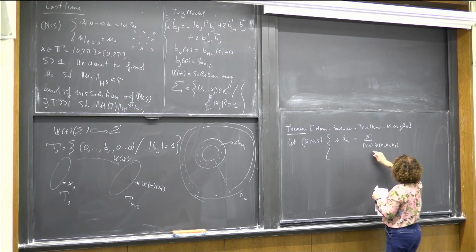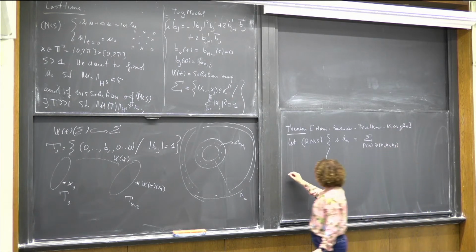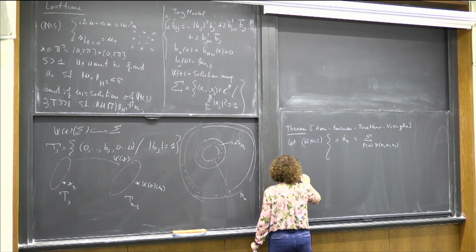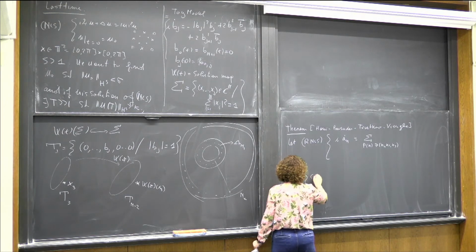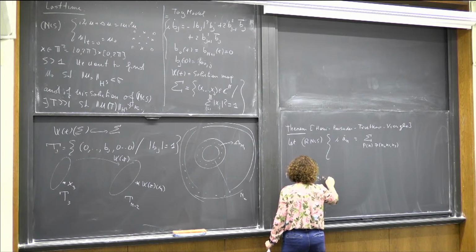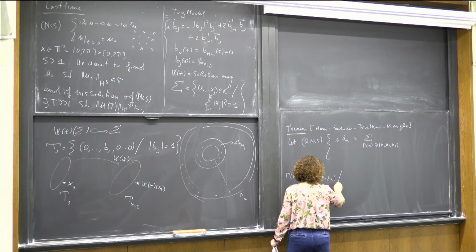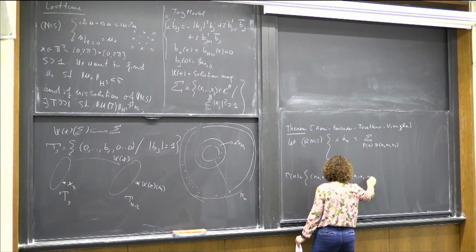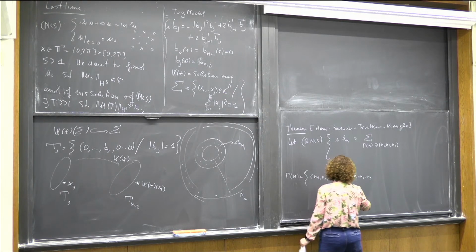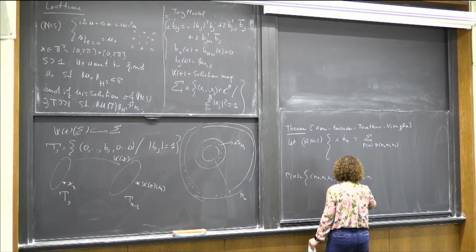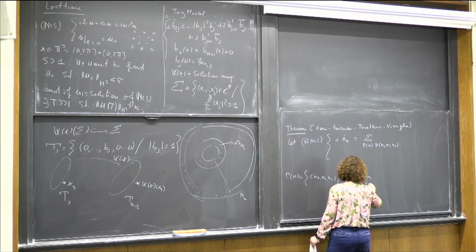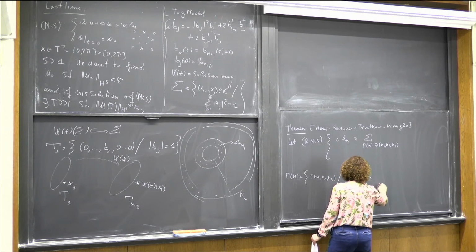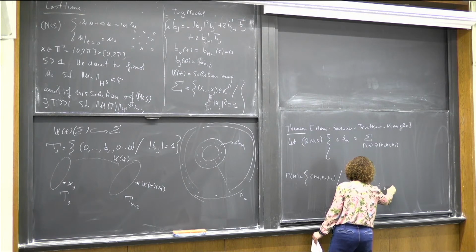And now I'm going to tell you what gamma n is. Well, that's all the frequencies that are in resonance with n. So this is n1, n2, n3, such that n1 minus n2 plus n3 equals n, and we are in a square torus, so you have that the sum of squares matches. So it's really the resonance set.